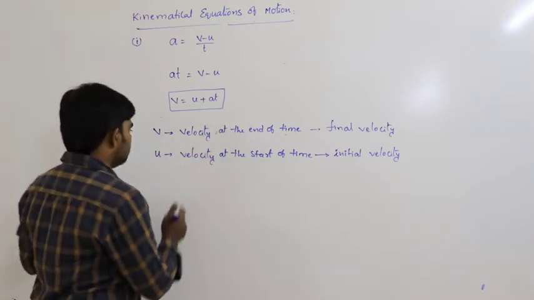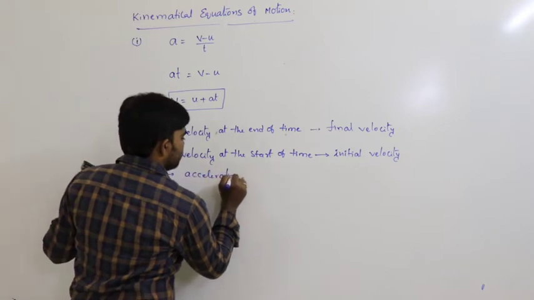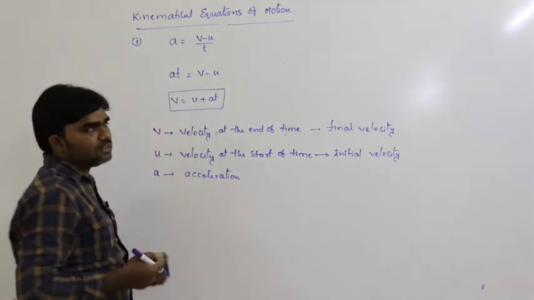And what is A here? A is the acceleration and T is the time interval.